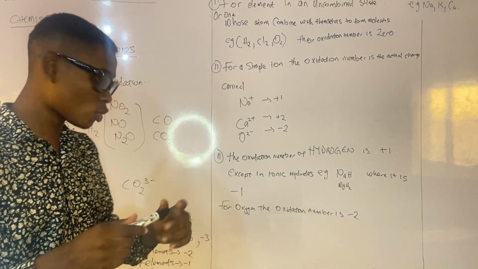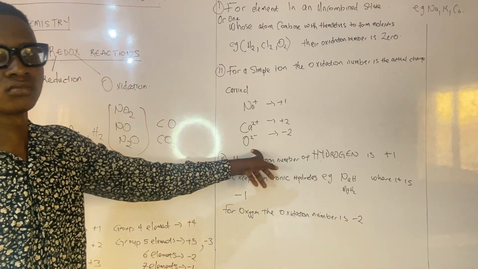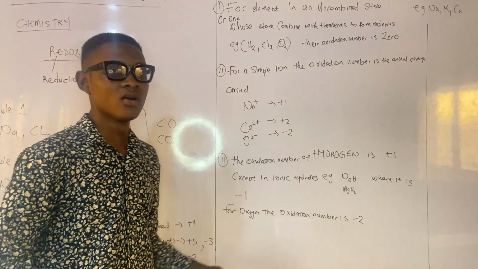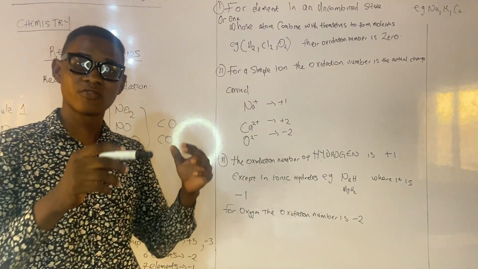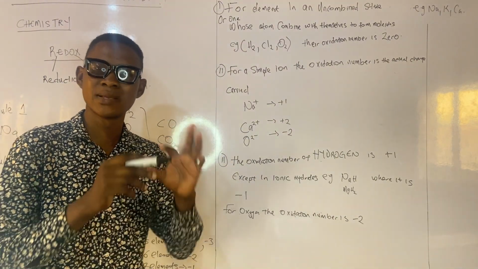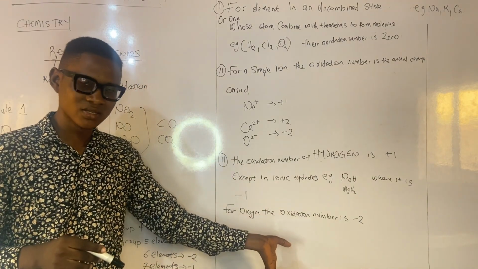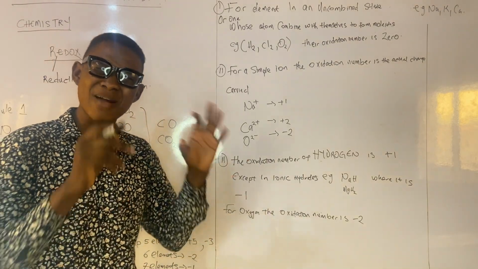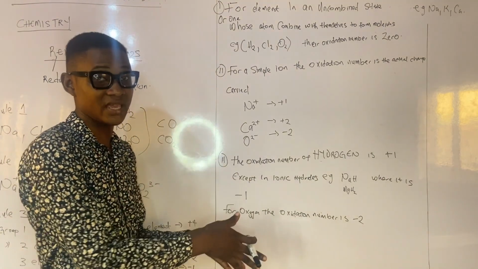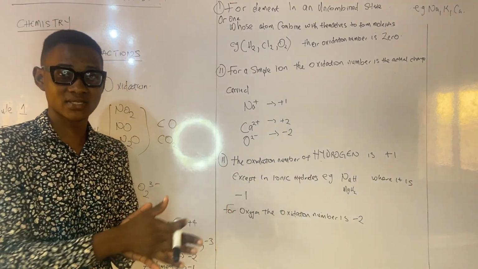Normally, the oxidation number of oxygen is minus 2, except you see oxygen in some particular compounds whose oxidation number varies.